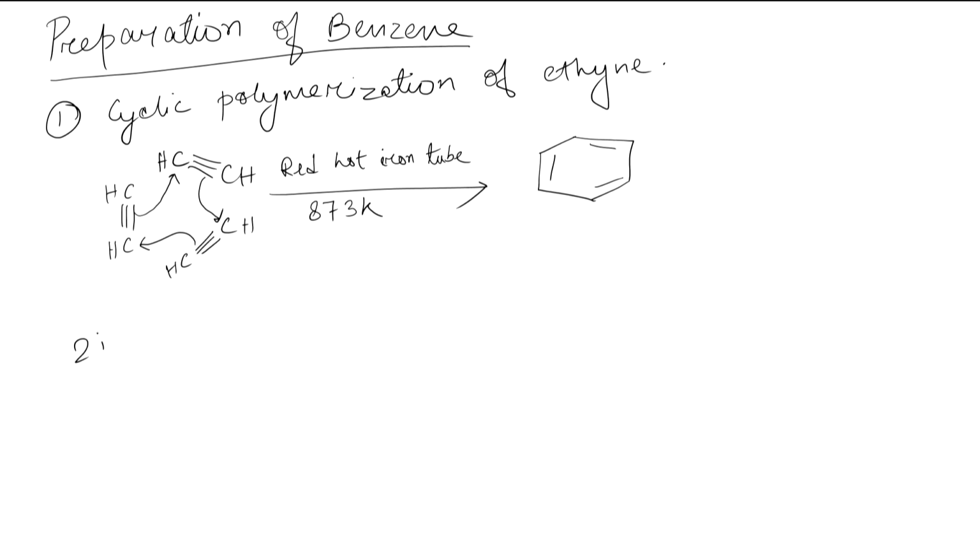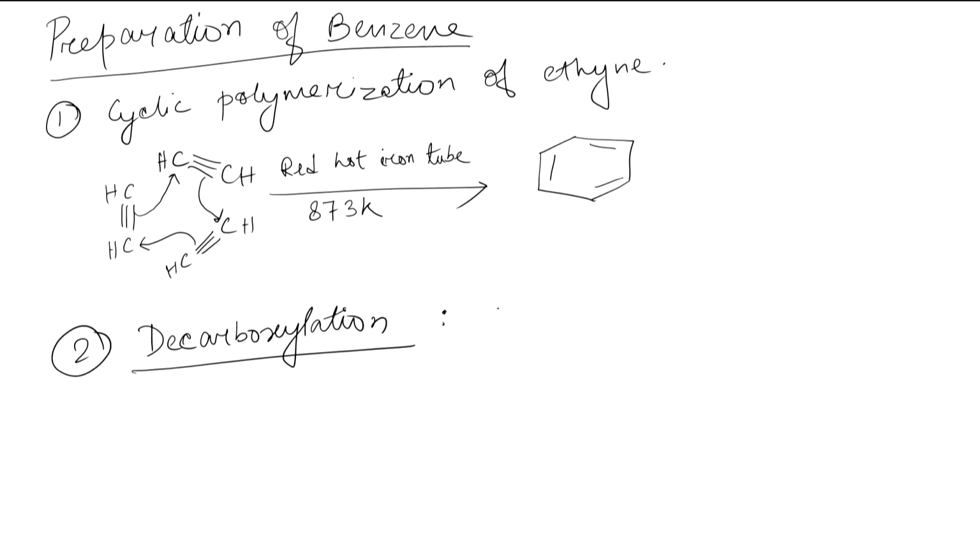The second method is decarboxylation. Okay. So how will it be formed? We had already studied decarboxylation when we were reading the preparation of alkanes, right?